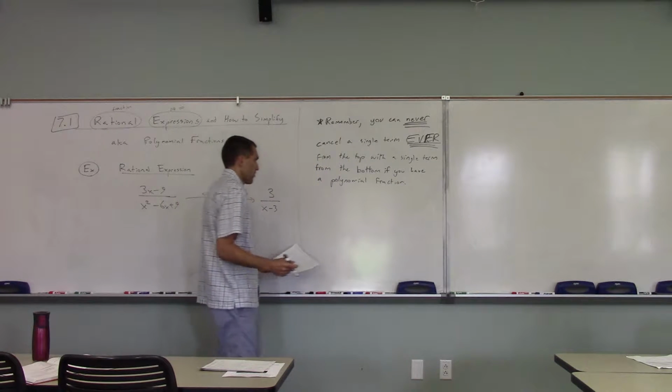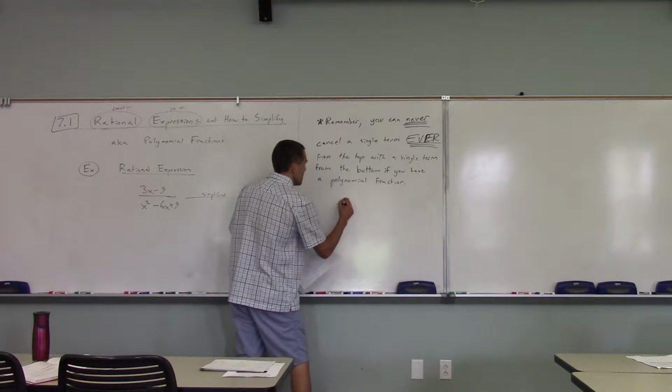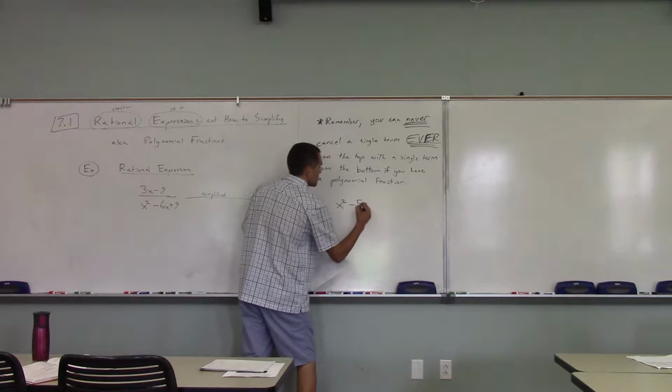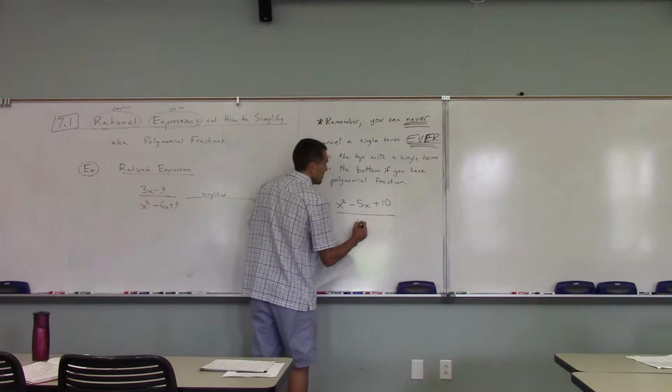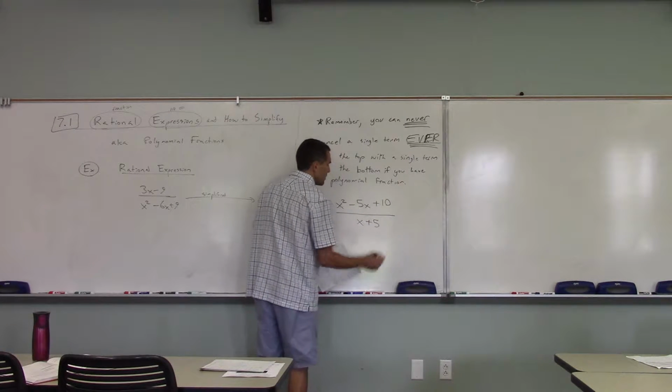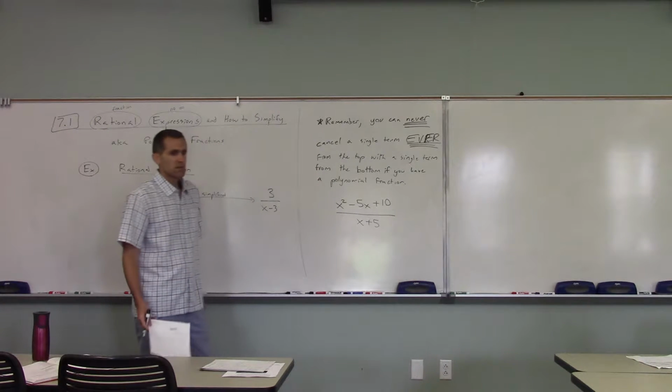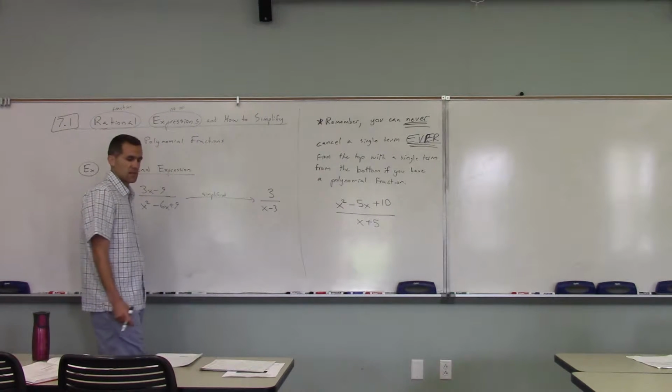So for example, x squared minus 5x plus 10 over x plus 5. Let's say we got that.